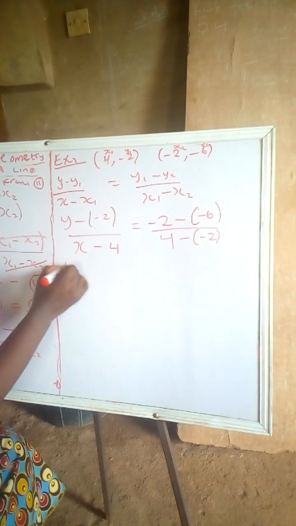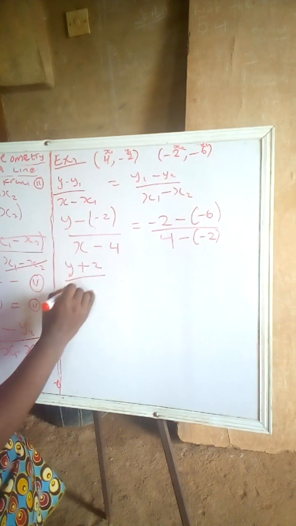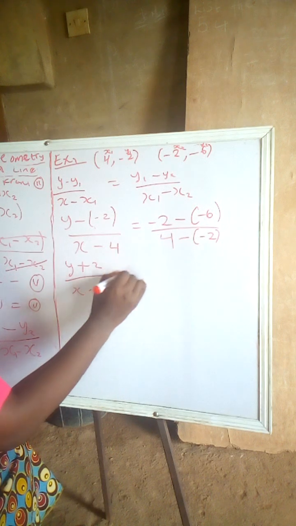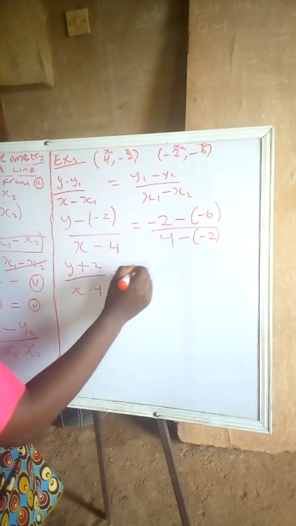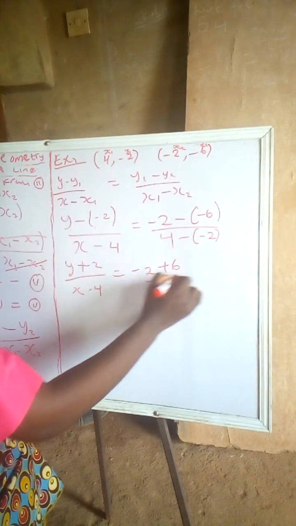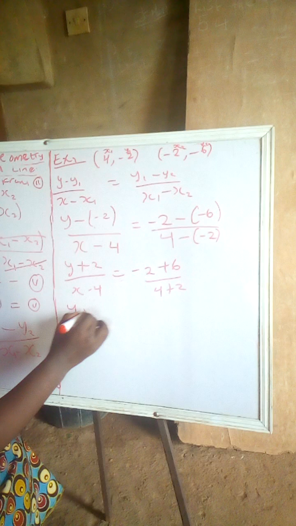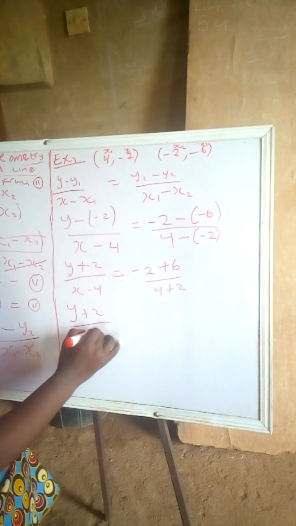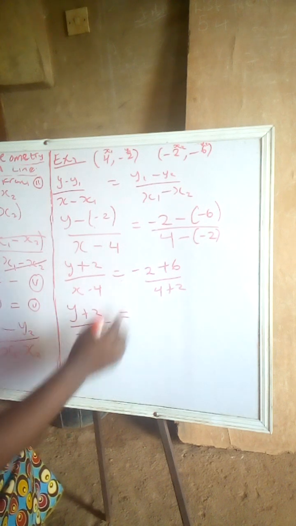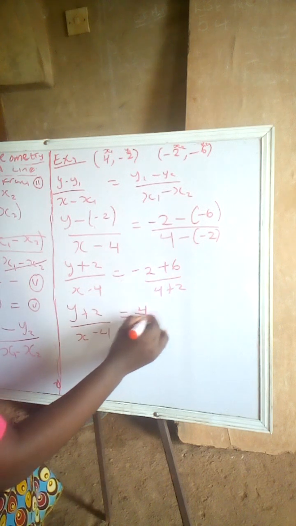So here we have y, minus times minus is plus, y plus 2 over x minus 4 equals -2, minus times minus is plus 6, over 4 plus 2. So we have y plus 2 over x minus 4 equals -2 plus 6, that's 4 over 6.